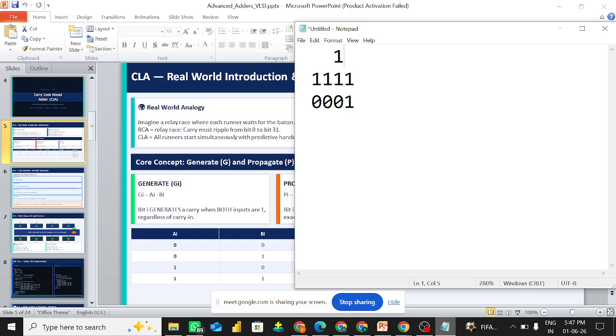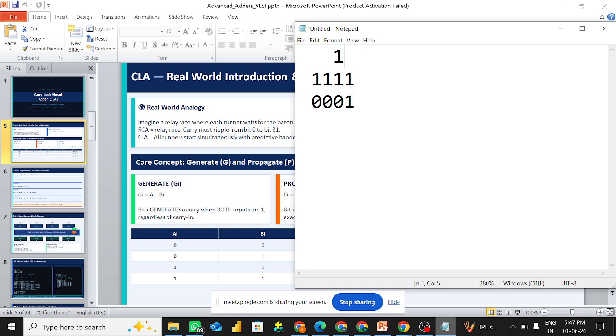So when it comes to the propagate signal, the condition for the propagate signal is that either one of the inputs, it may be A or it may be B, should be 1, and the other should be 0. So what does this propagate signal say? Look here, now you have A1 as 1, B1 as 0, so you have any one input as 1, right?